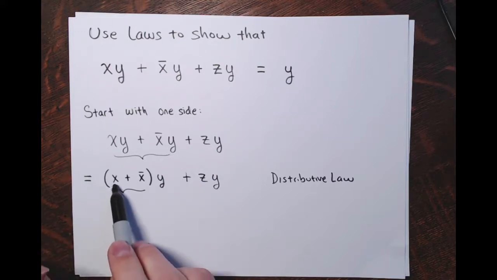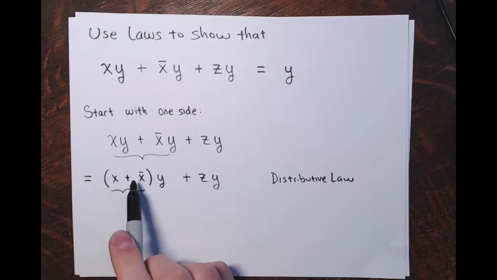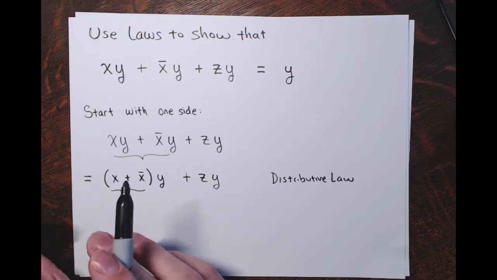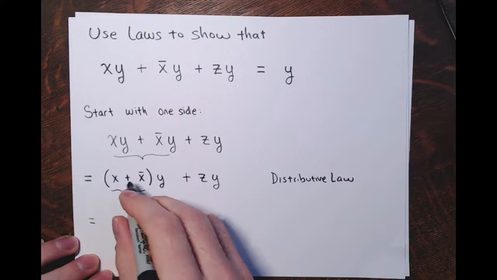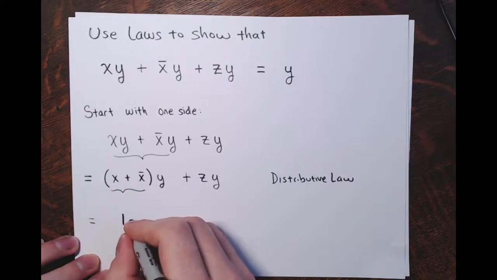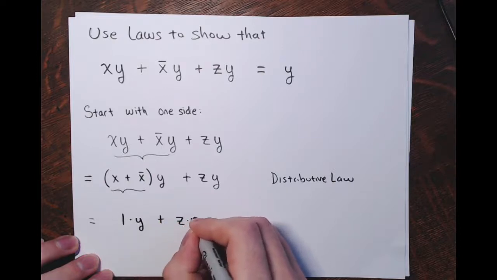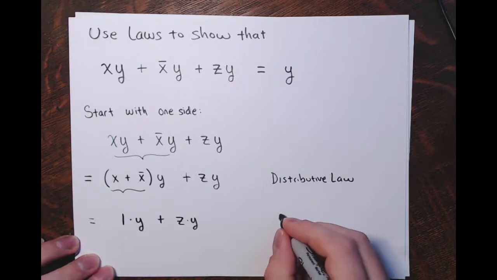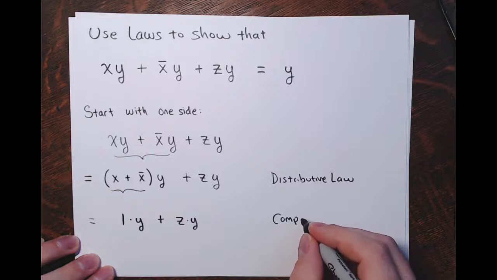Remember with ors, a or not a was true all the time. So x plus not x is always 1. So I have 1 times y plus z times y. And the reason I can say that is one of those complement laws, that x plus the complement of x is 1 all the time.